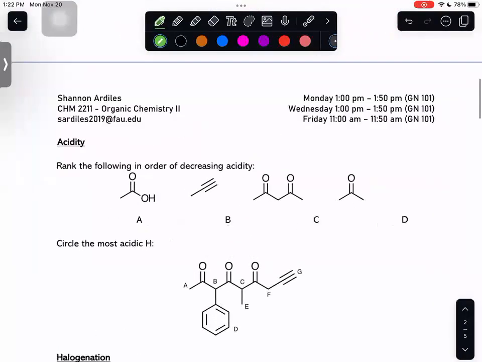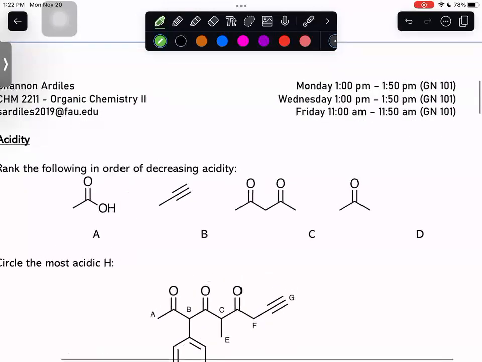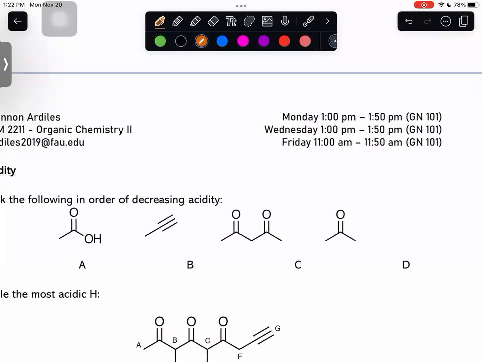And then let's go back to acidity. Okay. Let's start simple with those 4 molecules. Which one do we think is going to be the most acidic and why? The acid anhydride, that's from chapter 17.